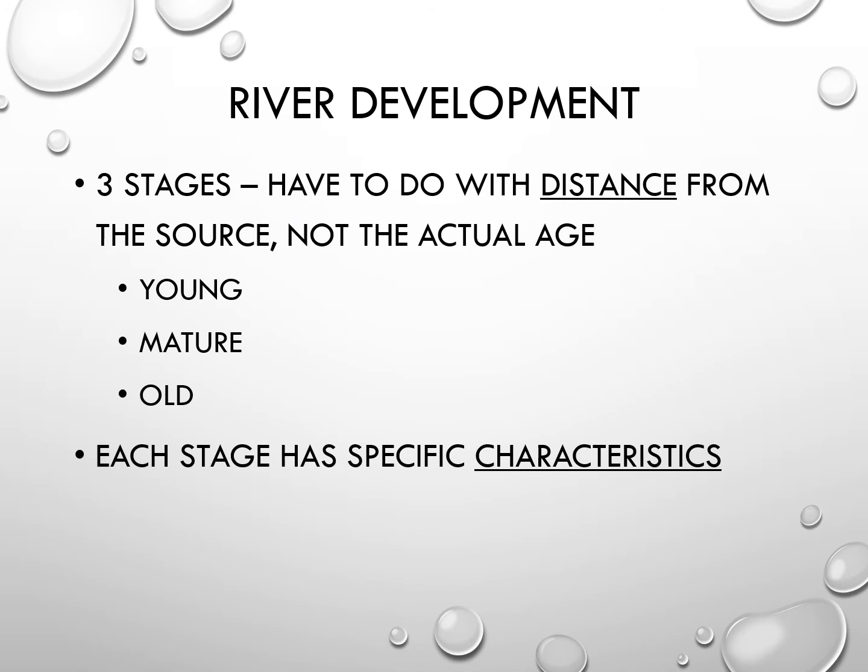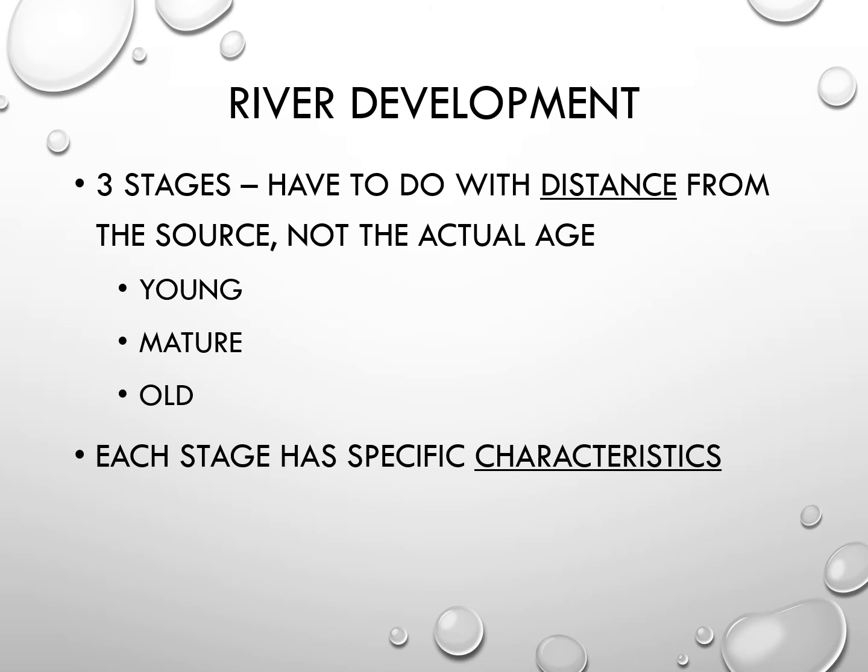Now let's talk a little bit about river development. There are 3 stages in the development of a river, and these have to do with distance from the source, not the actual age, okay? So when we say young, mature, and old, we're not saying that this river is older than this other river.